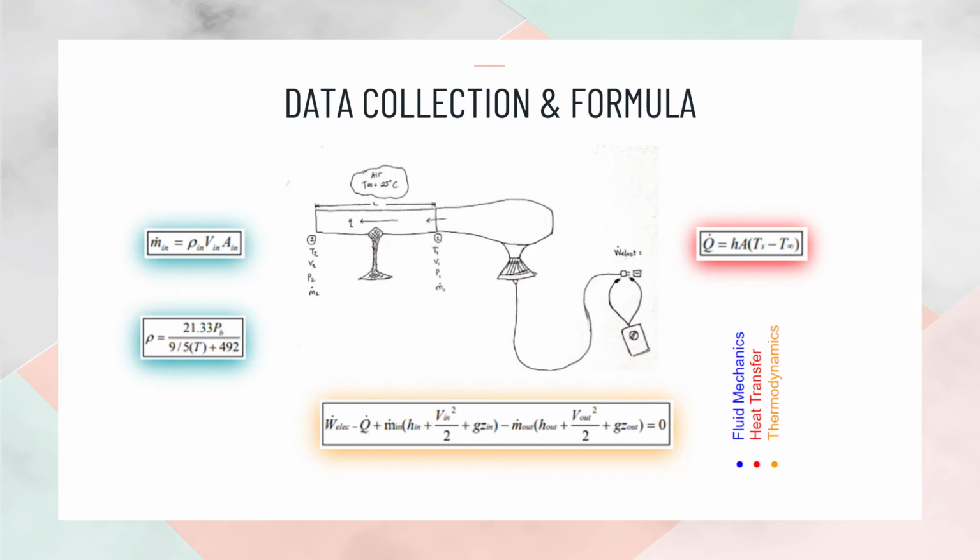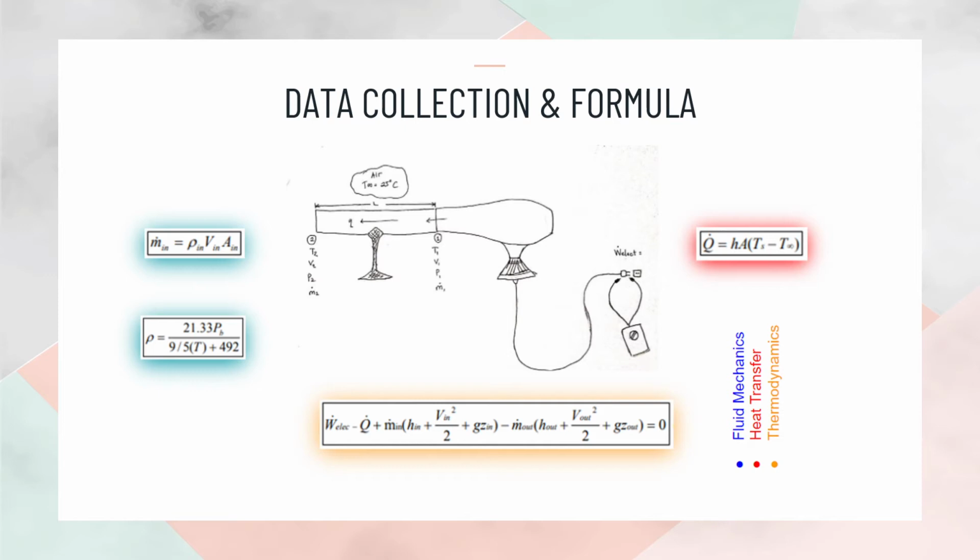And this is about the data collection and formula. At point 1 and point 2, we will measure the temperature, velocity, and pressure. And we will be utilizing the formula of m dot for the fluid analysis, which is the mass flow rate.